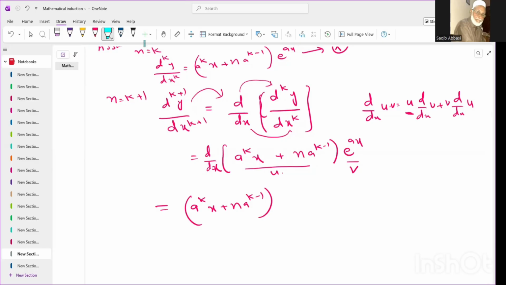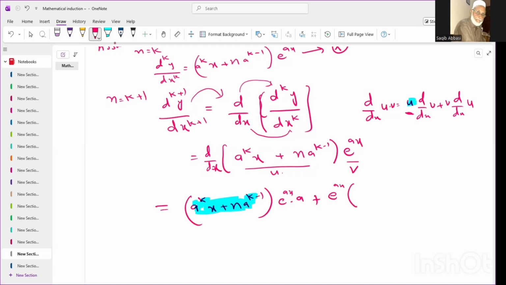I highlighted this one; this u and this u are similar. Now, what is the derivative of e^(ax)? It's e^(ax) into a. Now plus, what is v? e^(ax) is your second function v.